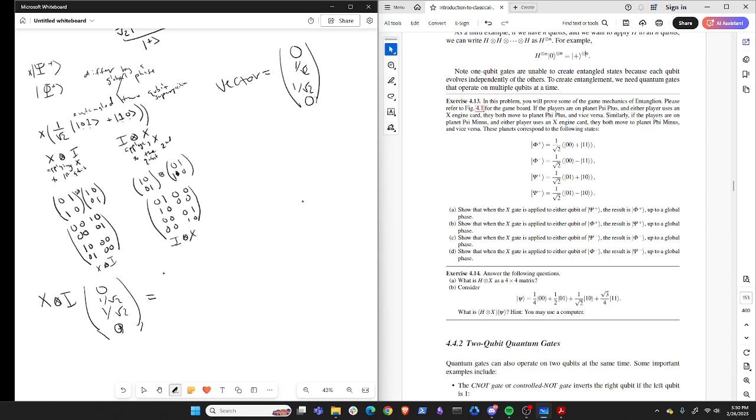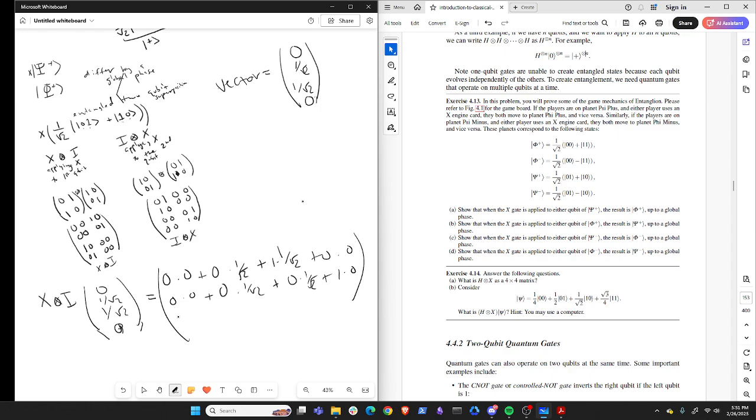So I'll do this longhand: 0 times 0 plus 0 times 1 over square root of 2 plus 1 times 1 over square root of 2 plus 0 times 0. We've got 0 times 0 plus 0 times 1 over square root of 2 plus 0 times 1 over square root of 2 plus 1 times 0.